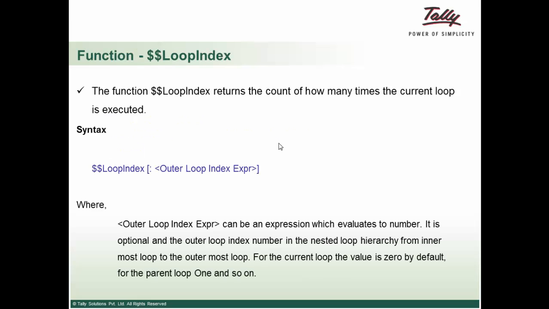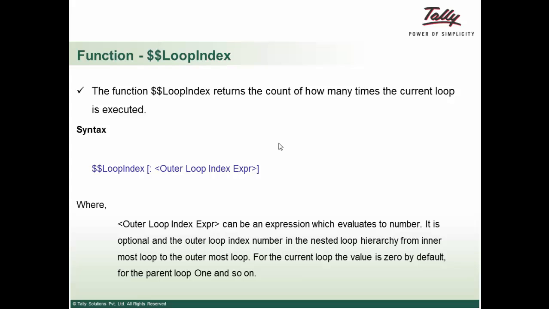Then we have a function called $loop index. What we spoke about all the looping constructs: we had while and end while, we have walk and end walk, then we had for range, for token, for in, for collection, walk collection. All these are loops.